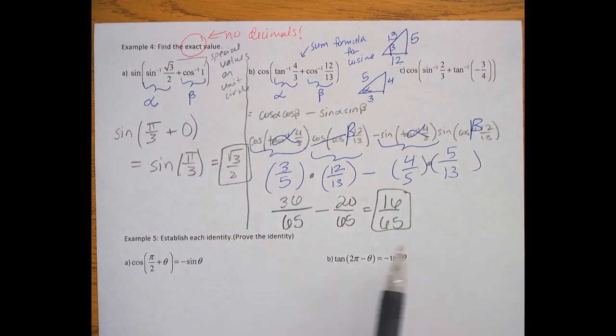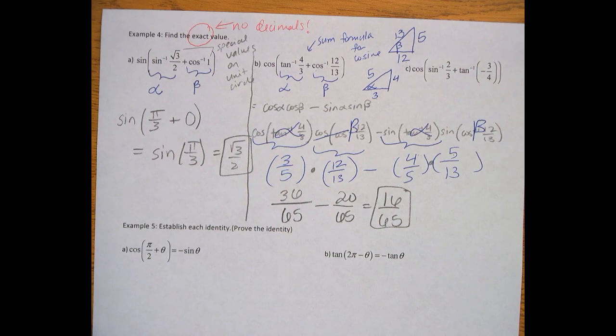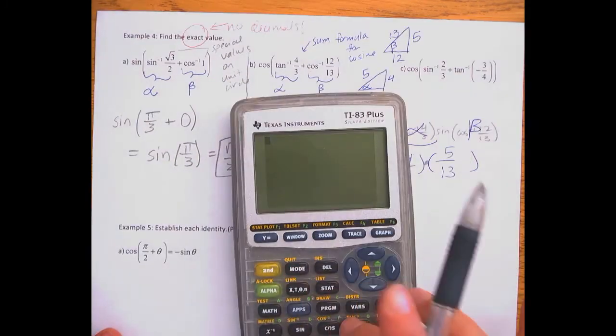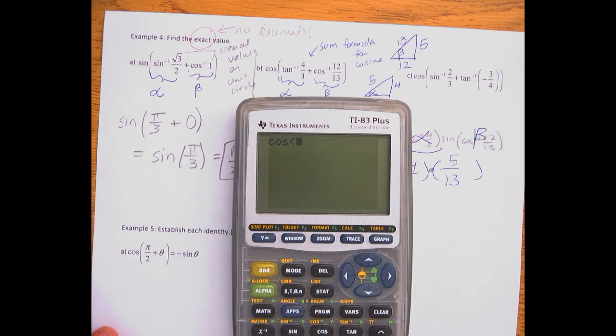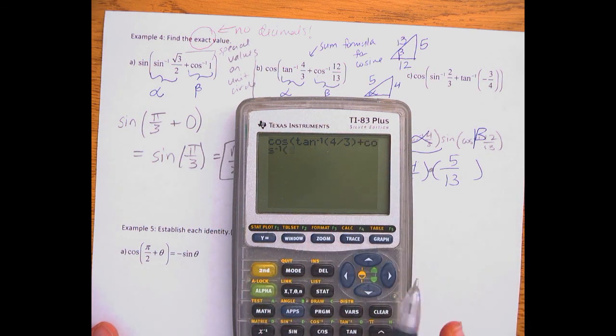And you can check that solution on your calculator as well, the same way that I checked my solution for A. So let's just do it really quick. It's cosine of the inverse tangent of 4/3 plus cosine inverse of 12/13.